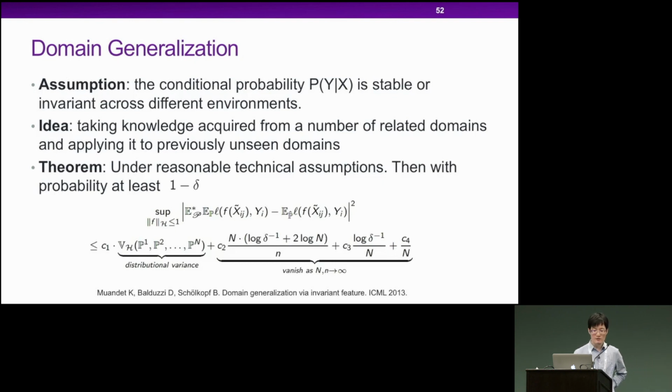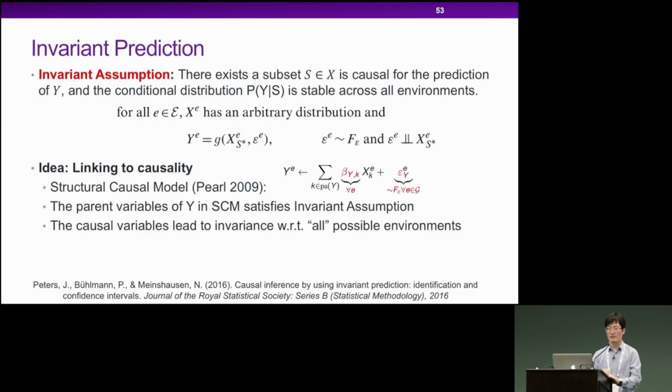And for invariant prediction, they have a weaker assumption. They don't assume that P(y given x) is stable, but they suppose that there exists a subset S belonging to x that is causal for the prediction of y. That means they think P(y given S) is stable across all of the environments, okay?